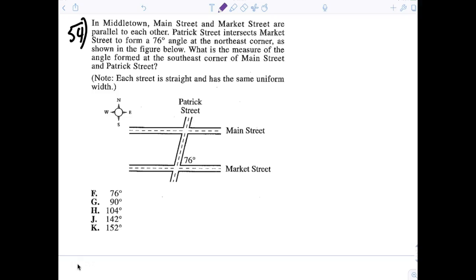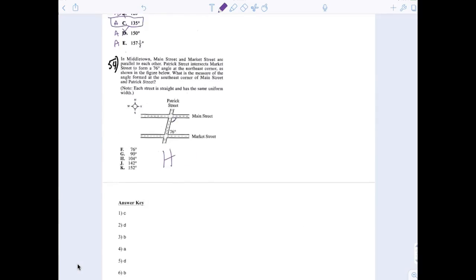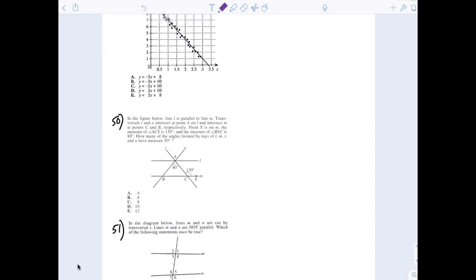Southeast corner of Main Street and Patrick, do we agree it's right there? So then that would have to be 104. Right?